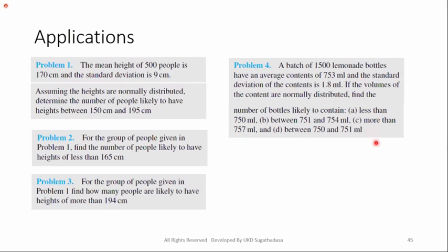Is the probability, 750 less than x less than 751. I have not calculated this because I don't have the previous calculation. So the probability: 750 minus average value 753 divided by 1.8, and for the other, 751 minus 753 divided by 1.8.